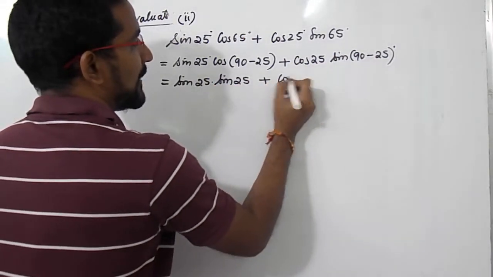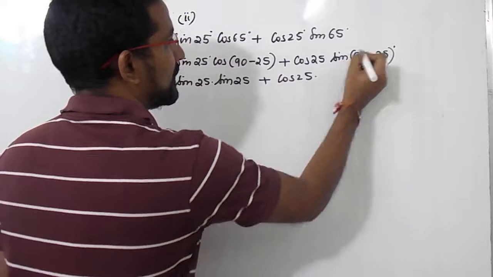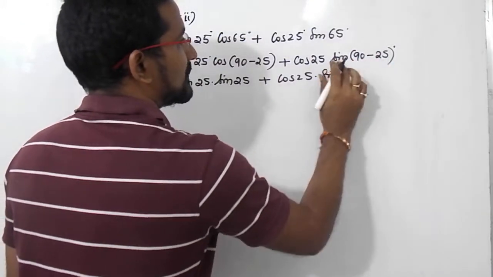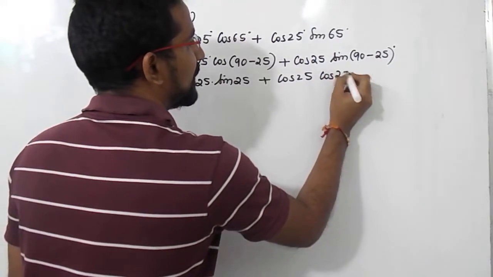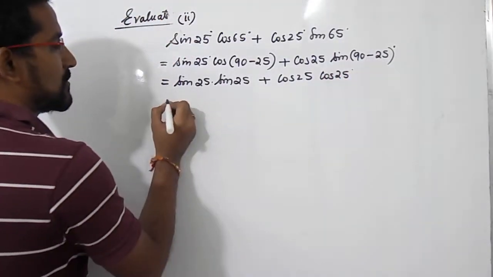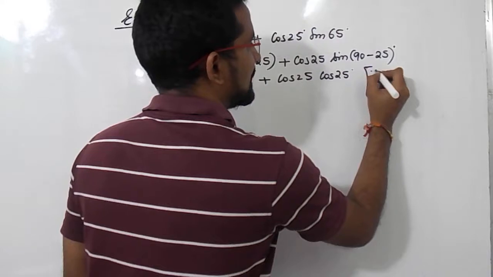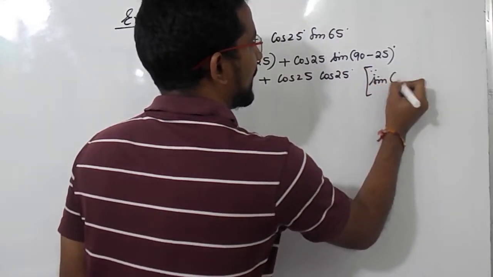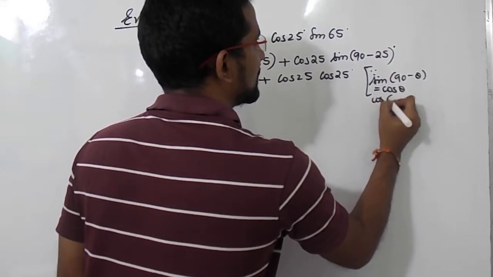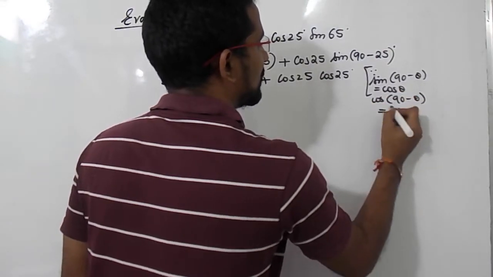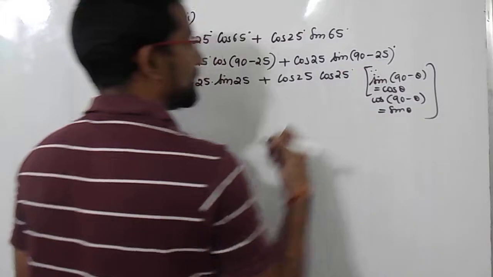Plus cos 25, and here sin (90 minus theta) is cos theta, so it will be cos 25. We know that sin (90 minus theta) is cos theta and cos (90 minus theta) equals sin theta.